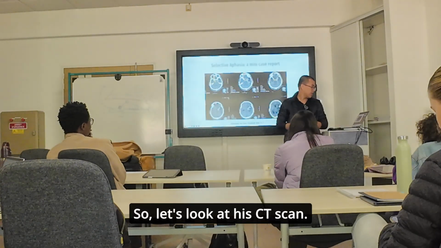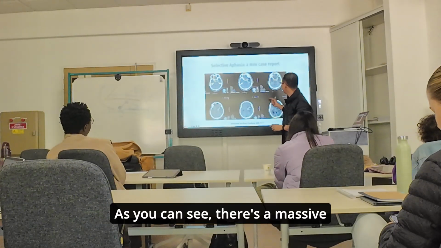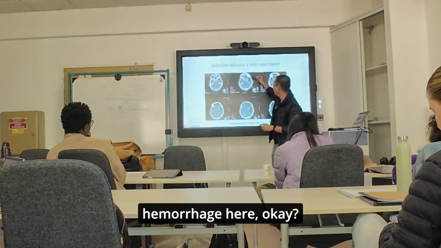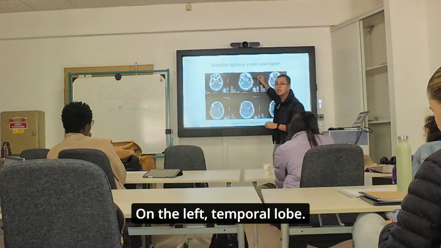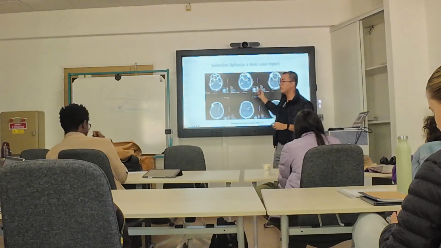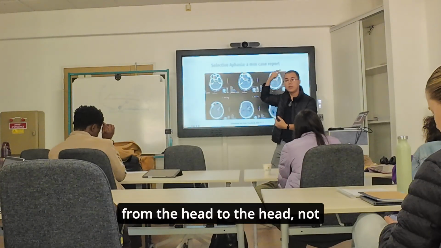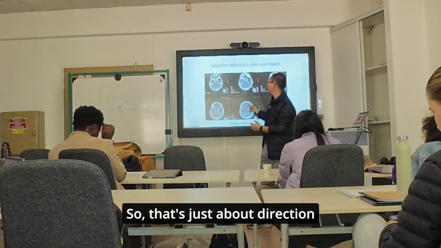So let's look at his CT scan. As you can see, there's a massive hemorrhage here on the left temporal lobe. Why is it on the left? Because on a CT scan, you look from the feet to the head, not from the head to the feet. That's just about direction.